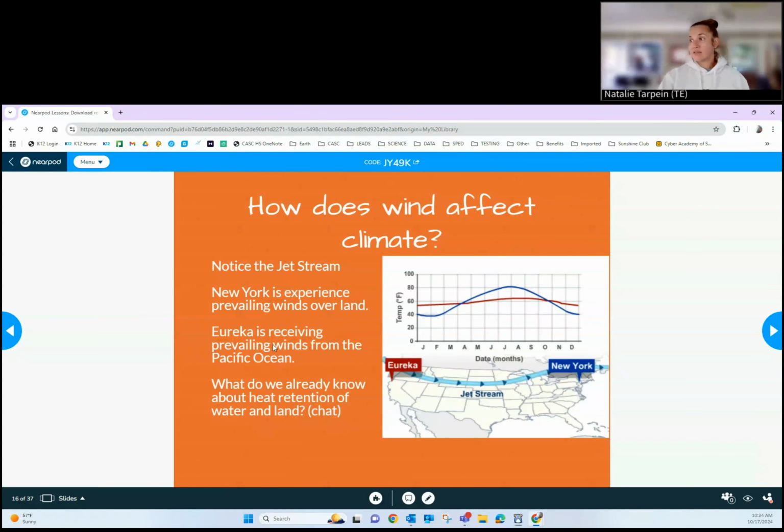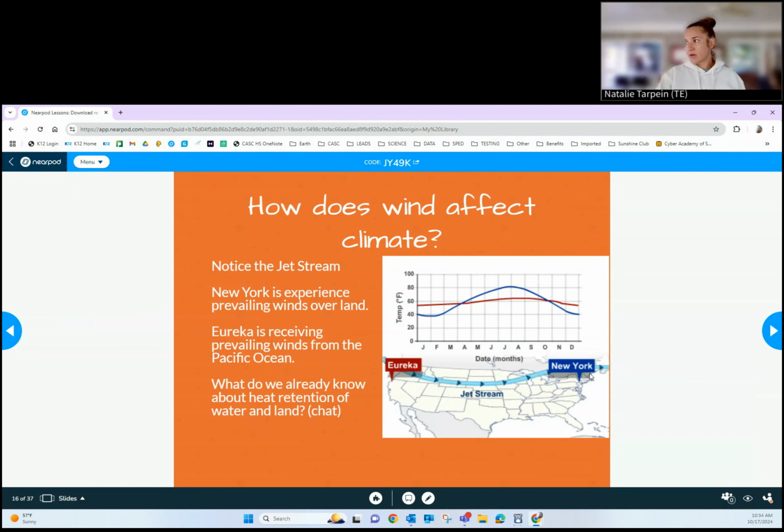Eureka is receiving prevailing winds too, but from the Pacific Ocean. Eureka is way over in Oregon, or no, it's California, and experiencing those winds from the Pacific Ocean. Remember, we talked about how the ocean takes longer to change temperature than air. So it's going to be greatly influenced by the temperature of the water.